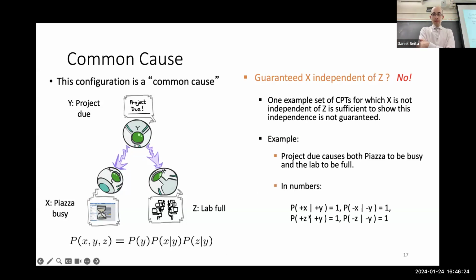So if your project is due soon, then Piazza is busy with probability 1, and the lab is full with probability 1. If you look at the numbers and you see that plus X is true, you automatically know plus Z is true. So they cannot be independent, because if you know one of them, you automatically know the other. Again, the whole point of independence with two random variables is that if you know one, it doesn't help you with your knowledge of the other.